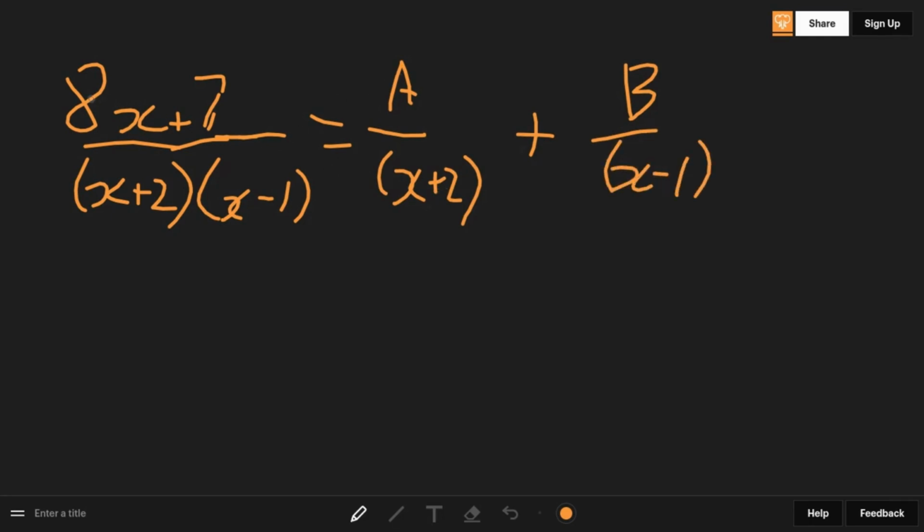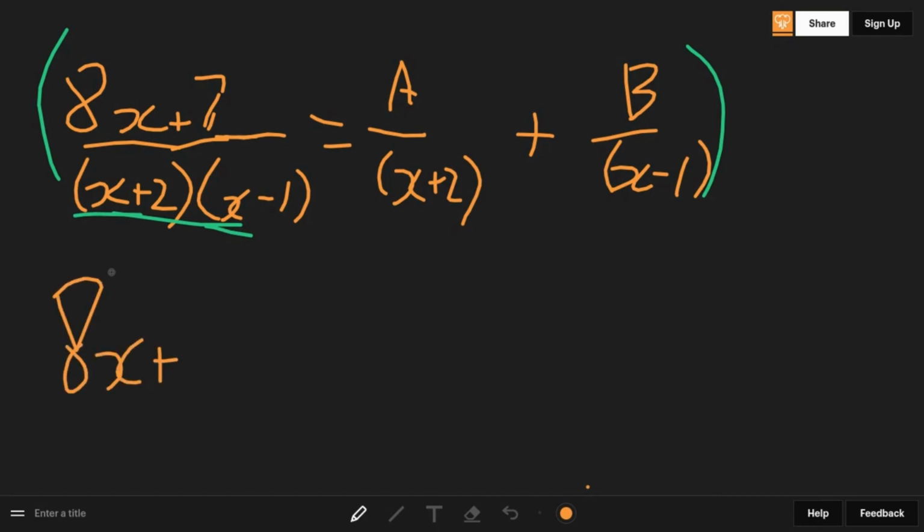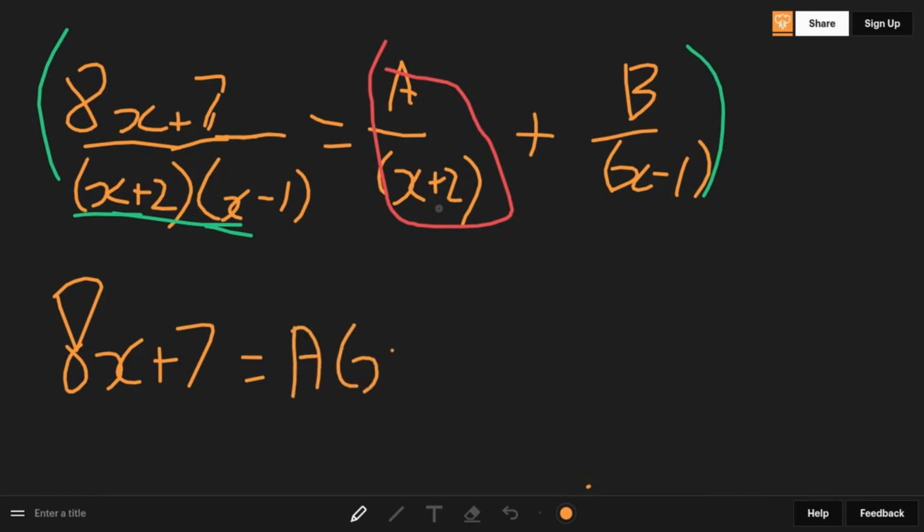Now the next thing I want to do is multiply the whole thing by the denominator of this. So when I do that, I'm going to be left with 8x plus 7 equals, since I multiply this whole thing over here, when I multiply this by (x plus 2) times (x minus 1), the x plus 2 is going to cancel out, and I'll get A times (x minus 1).